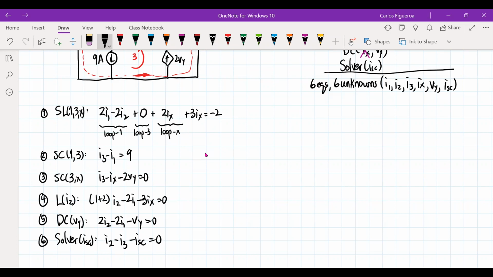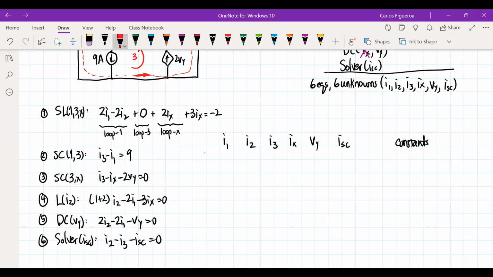So now I'm just going to matrix this guy up here. So I'm going to go I1, I2, I3, IX, Vy, I short circuit, and then I'm going to have my constants over here. So let's start doing it.